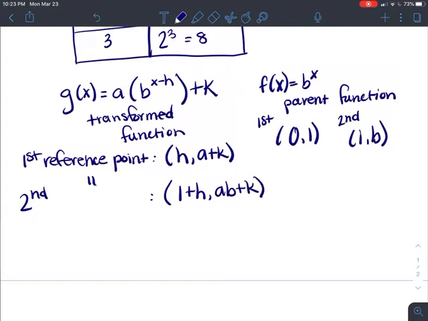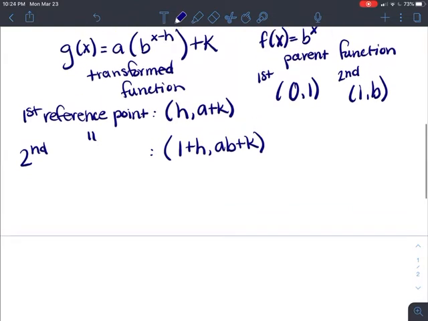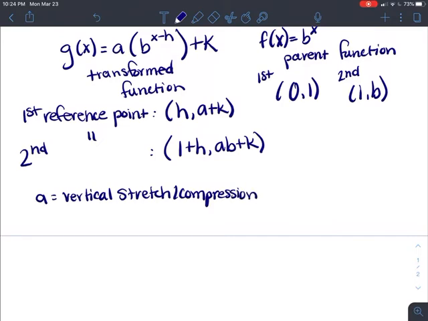And here I'm going to next explain what each of these parts of our equations mean. So a is our vertical stretch or compression, okay? B is our horizontal stretch or compression.